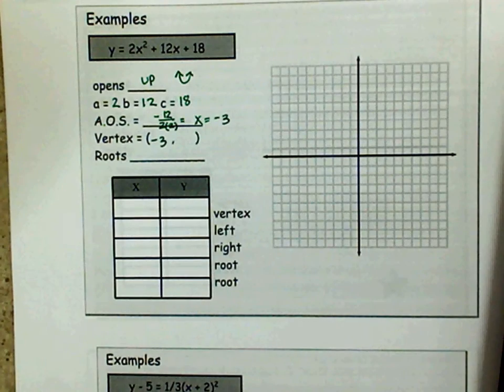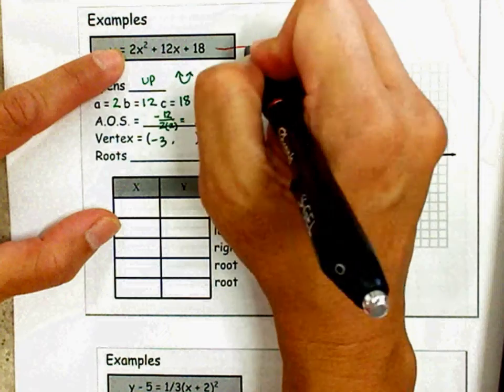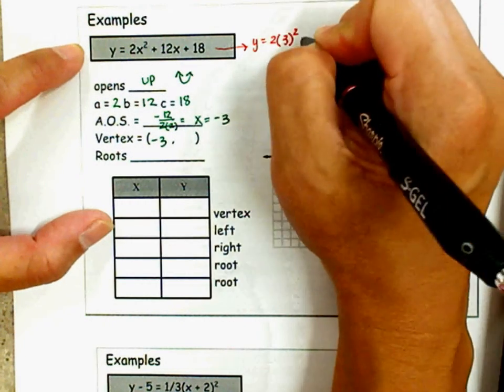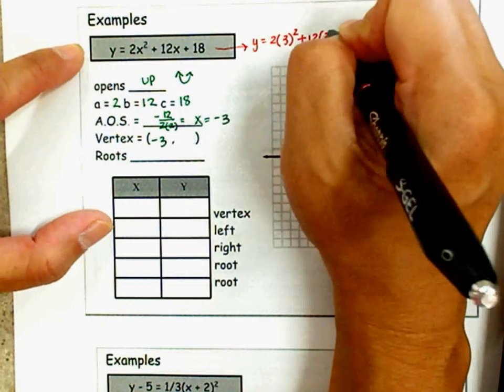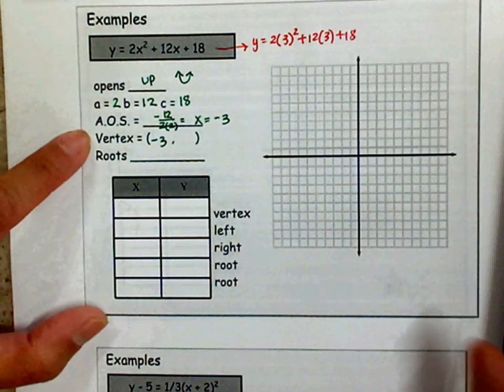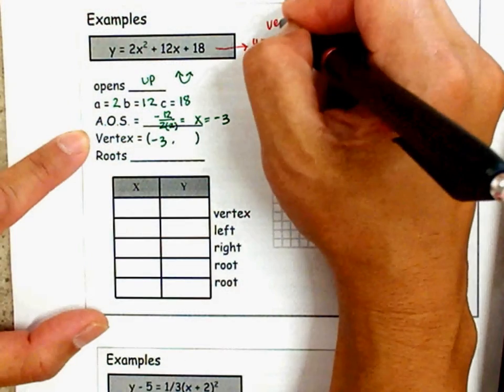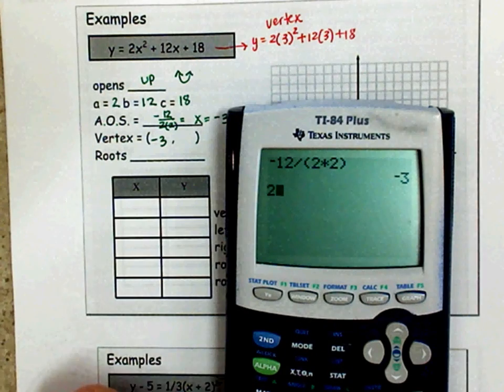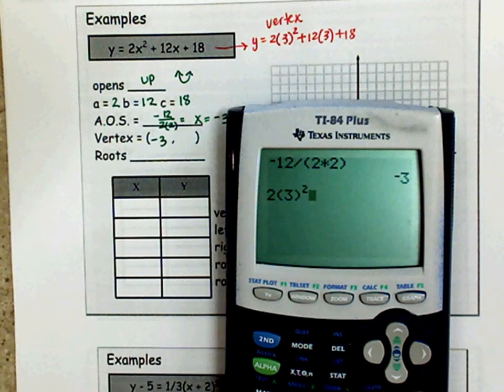Now I'm going to plug it back into here. Y equals 2 times 3 squared plus 12 times 3 plus 18. Do you see how I'm going to find my vertex? This is how you find your vertex. Okay? 2 parentheses, 3 squared plus 12 times 3 plus 18.